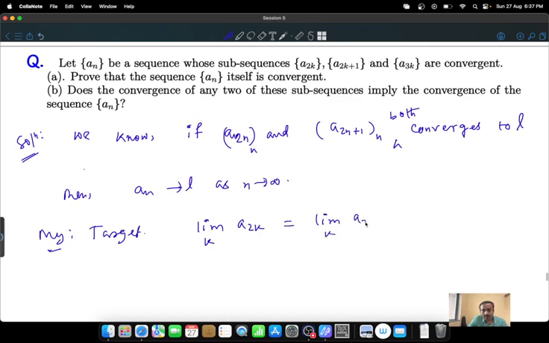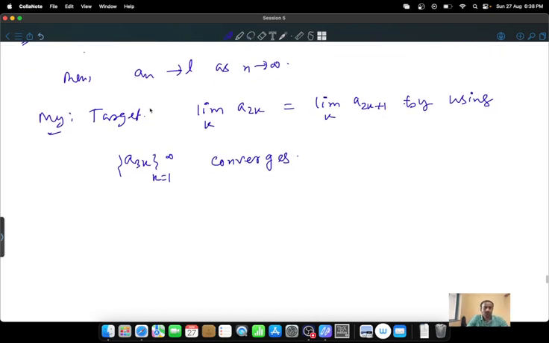I can take limits because I am given that they are convergent. They are the same by using that the a_{3k} sequence converges. If I can show this, then we are done.